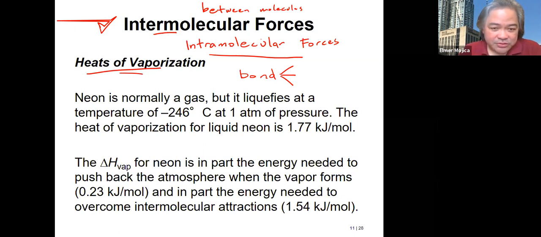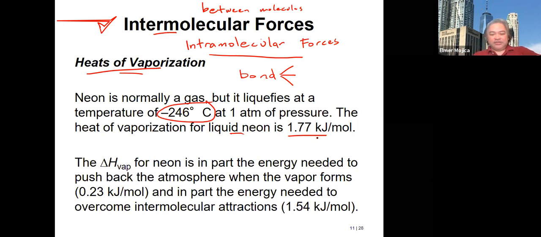So if you're going to look at neon, it liquefies at negative 246 degrees Celsius at 1 atmosphere. And the heat of vaporization for liquid neon is 1.77 kilojoules per mole. Now, where do we use this 1.77 kilojoules per mole?